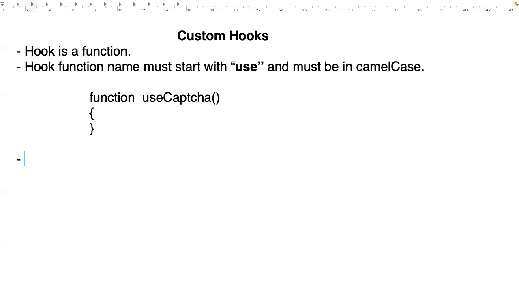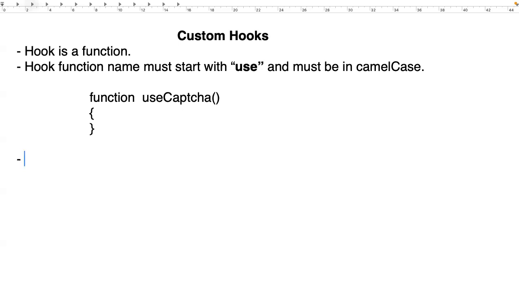Another important rule here is that the hook function cannot be void. It must return something. It may be a value or a function. It cannot be void type.